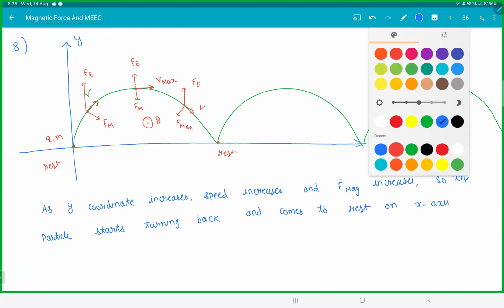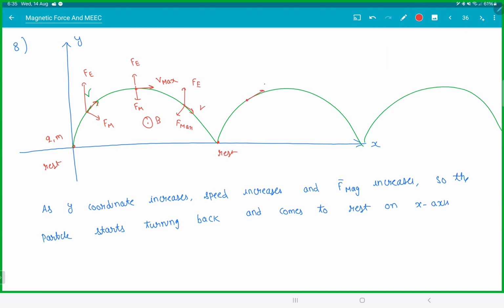Now at any instant here, if you look at the speed v, and the coordinates are x comma y, work done by all forces is the change in kinetic energy. So that would be work done by electric plus work done by magnetic, should be half mv square, initially speed is 0. But we know work done by magnetic is 0.